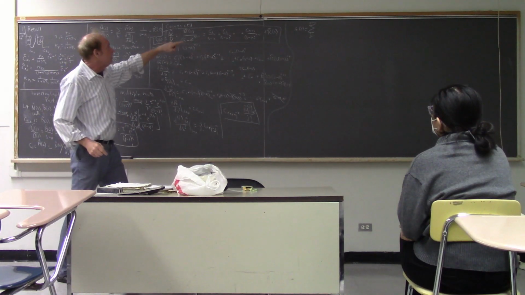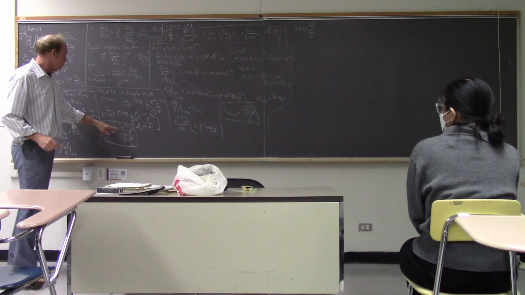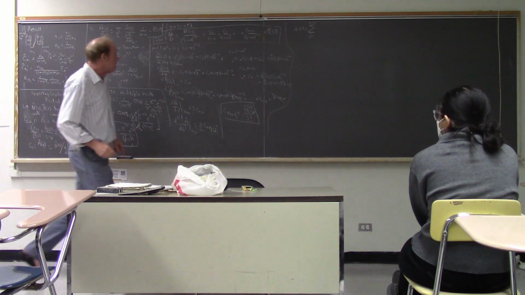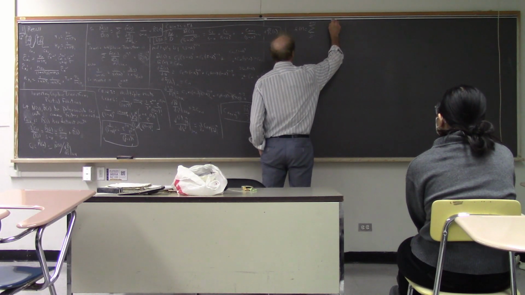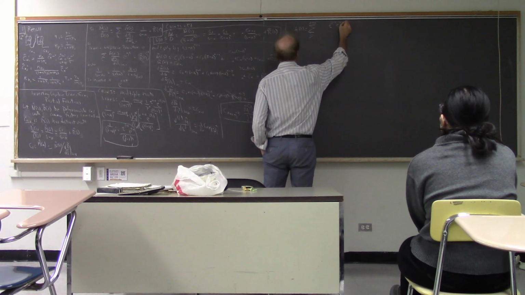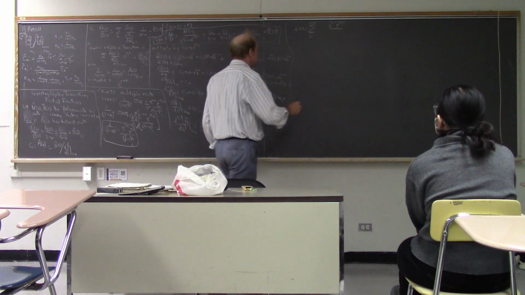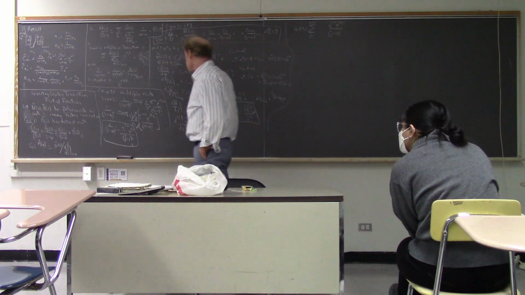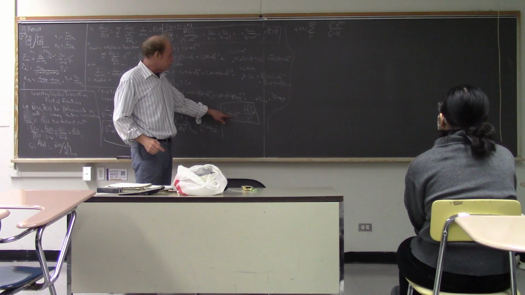And then before I get the coefficient, I've got 1 over (s minus alpha) to the j. So that inverse gives me t to the j minus 1 e to the alpha t over (j minus 1) factorial, times the coefficients. Now the coefficients, I don't want C(n plus 1 minus j).